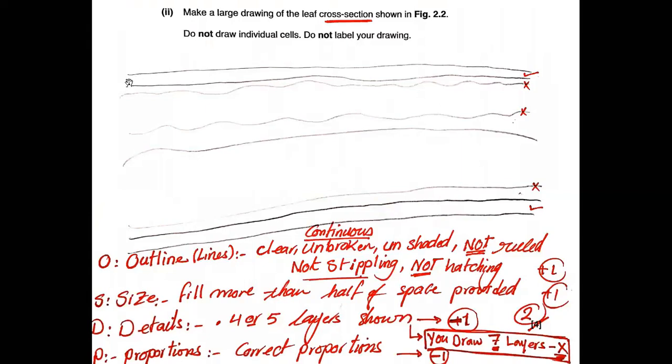This is the correct proportion, and correct even as a layer. Also, this line should be removed because he thought that the layer between those two lines was the epidermis, and all of this thick layer the cuticle. Actually, it should not be like this. So those 1, 2, 3 lines should not be there.